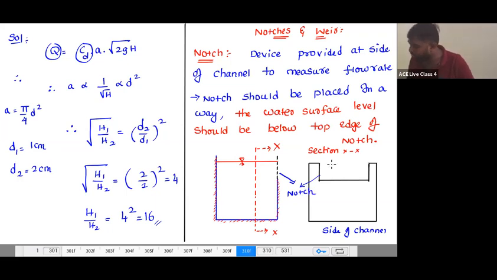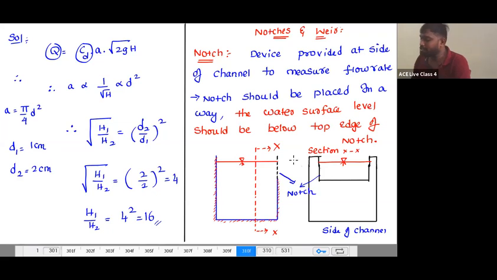And you can observe this water level I am representing here.